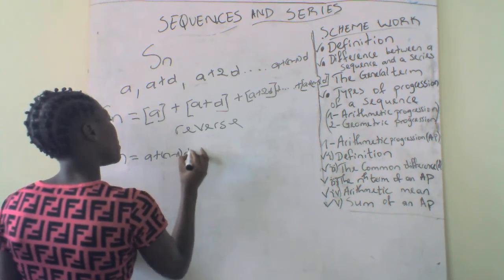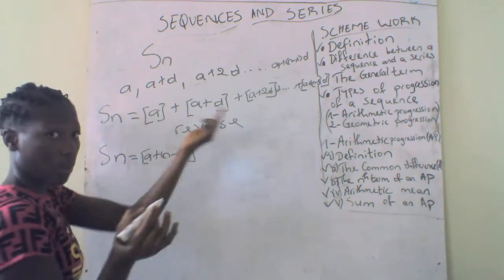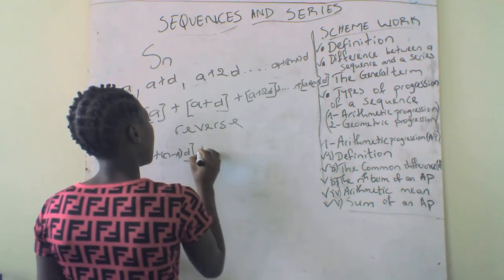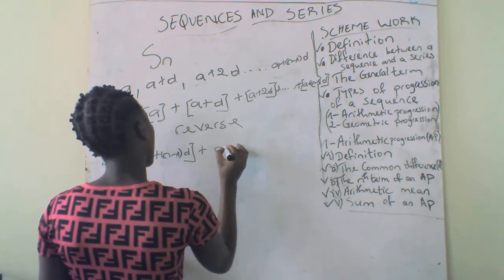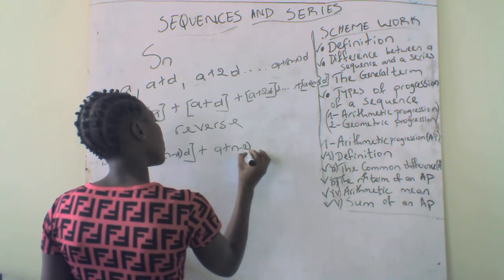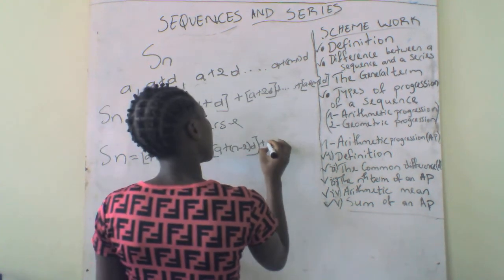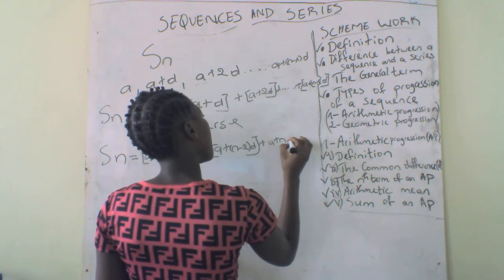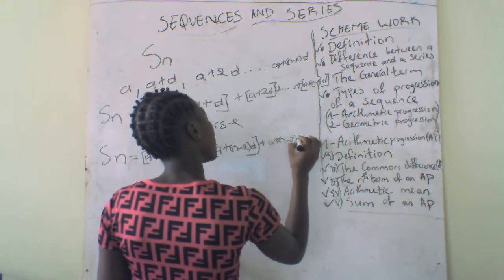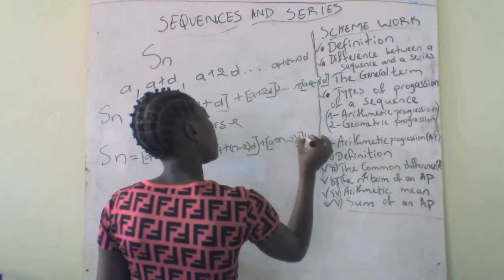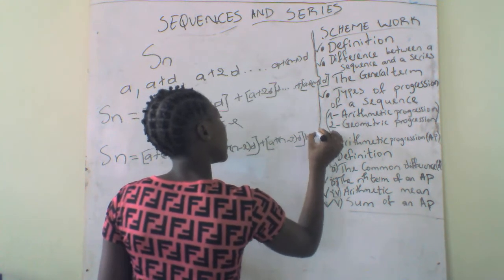That is, I start from the last, moving backward, plus A plus (n minus 2)D, plus A plus (n minus 3)D, plus dot dot dot plus A.